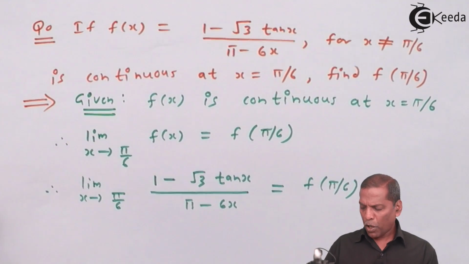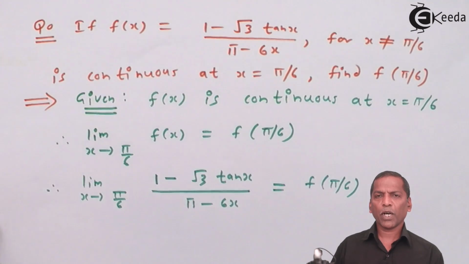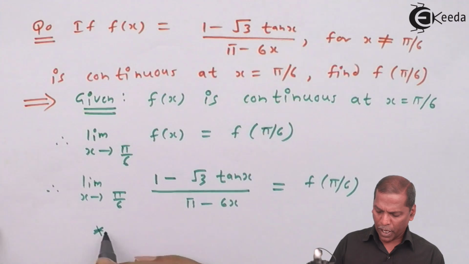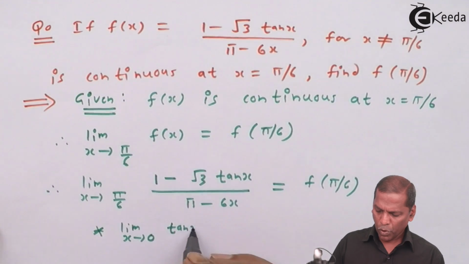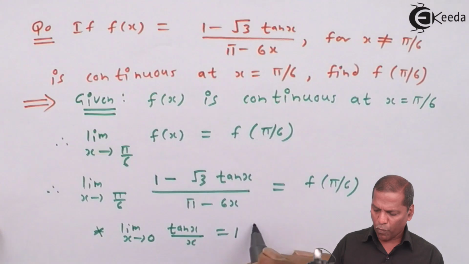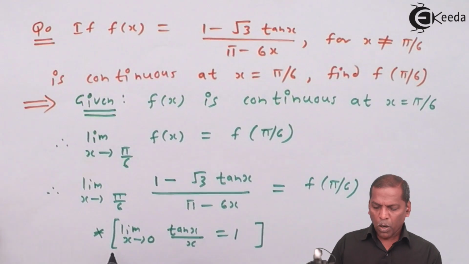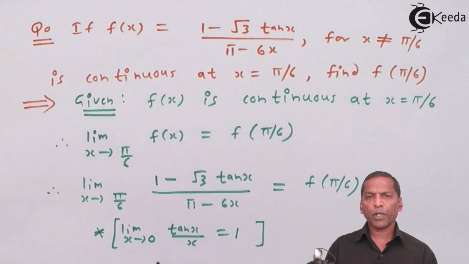Now here, to solve the limit part, we have to use trigonometric limit formula, which can be stated as limit x tends to 0 tan of x upon x is equal to 1. Now here, for tangent function, the limit should be 0.